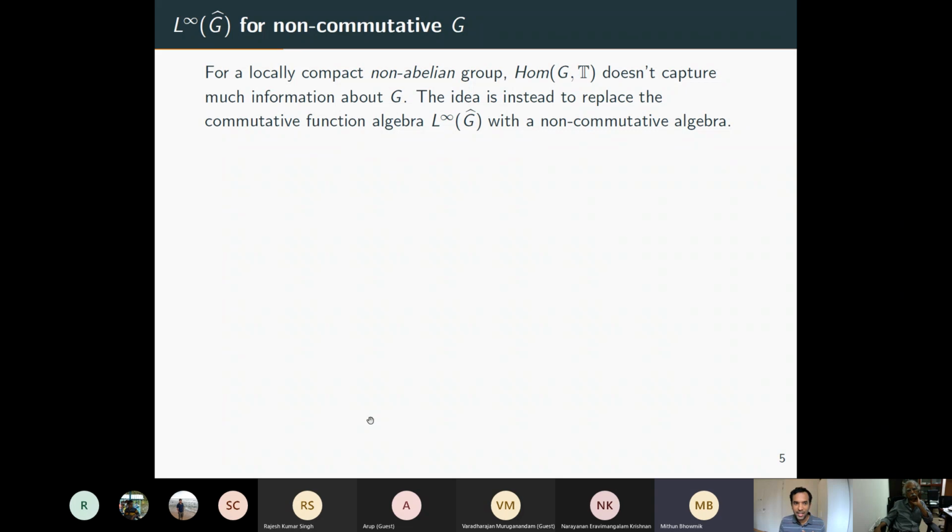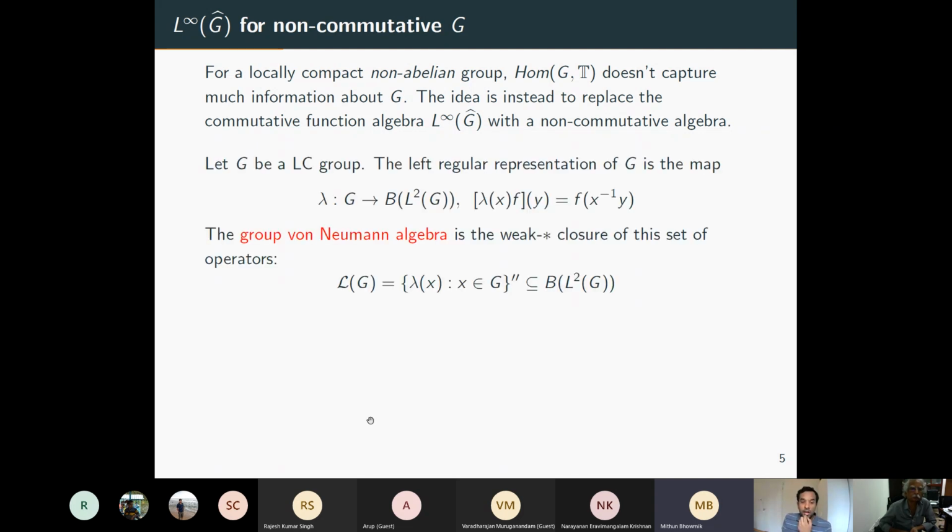The idea here instead is that we have some sort of commutative function algebra, L infinity of G hat. The idea, in this quantization, to get to the non-abelian setting, is to replace it with a certain non-commutative algebra. And the appropriate thing is the group von Neumann algebra.